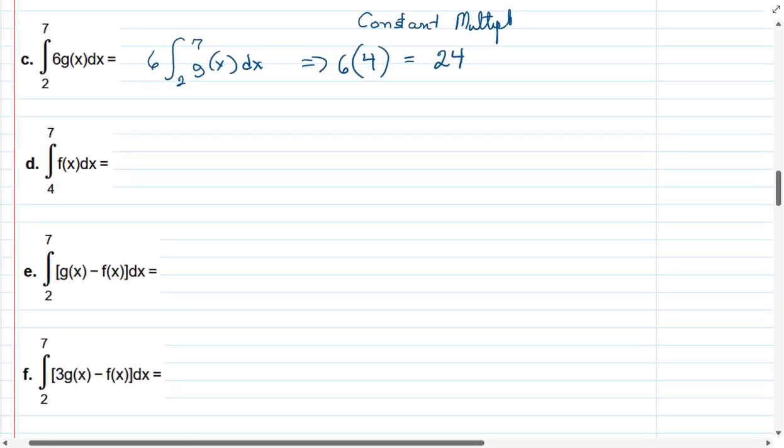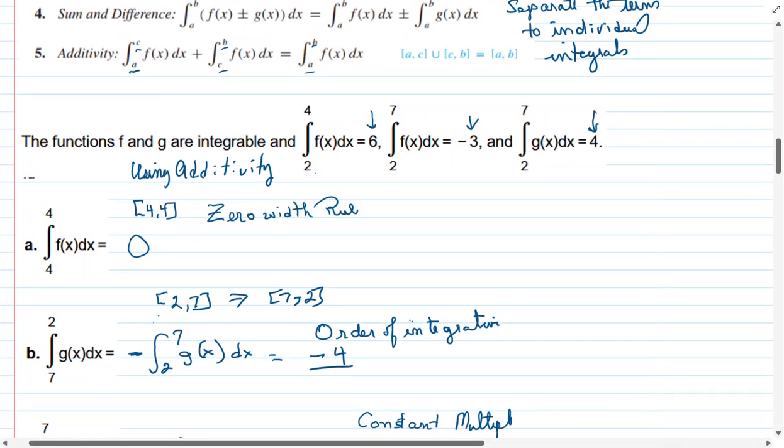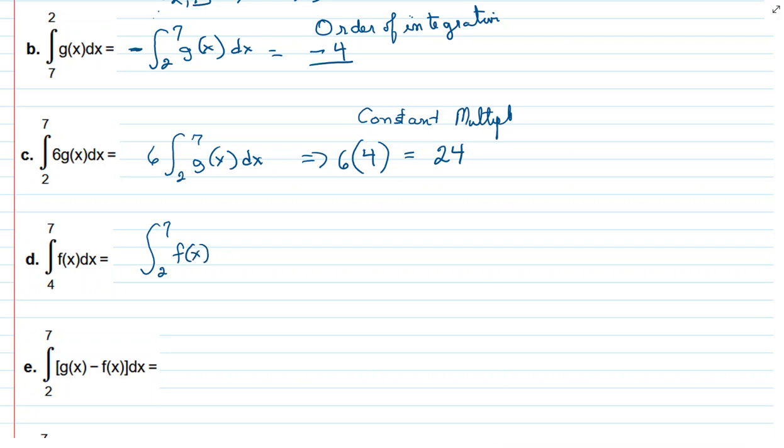Here we have 4 to 7. And we notice our reference: we have 2 to 4 and 2 to 7. So we're going to do the subtraction, or I should start with that one. We have the integral from 2 to 7 of f of x minus the integral from 2 to 4 of f of x dx, and that should give us the 4 to 7.